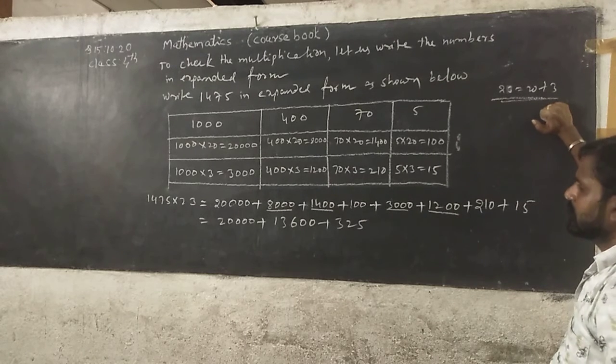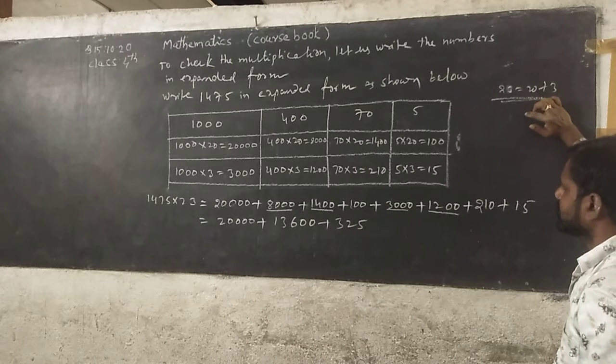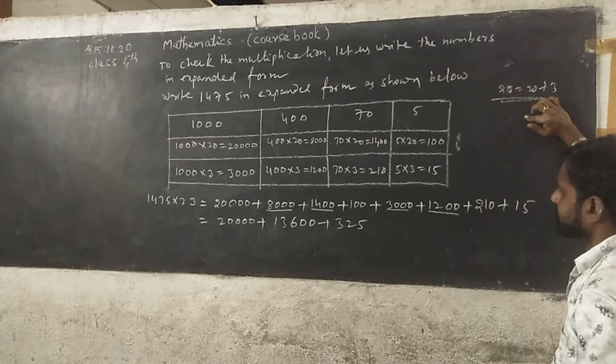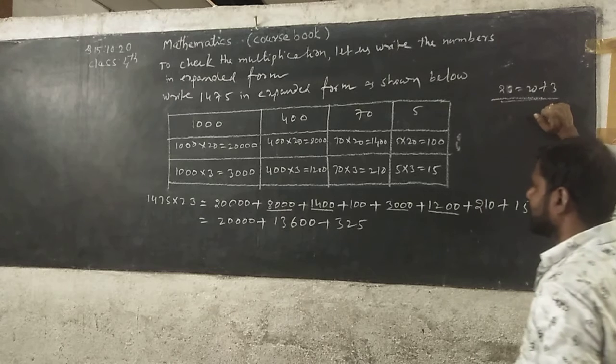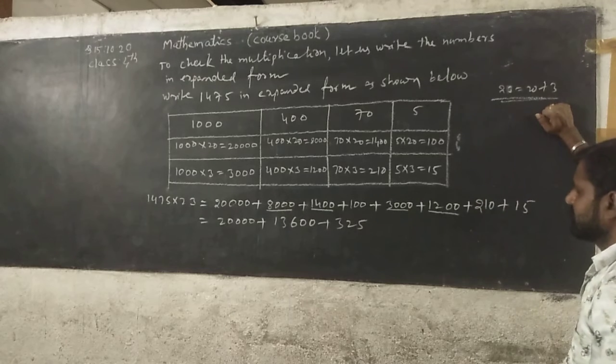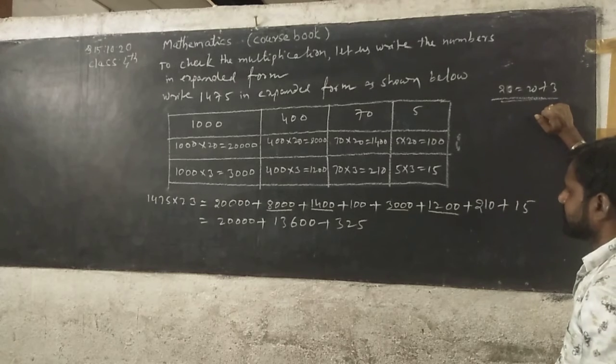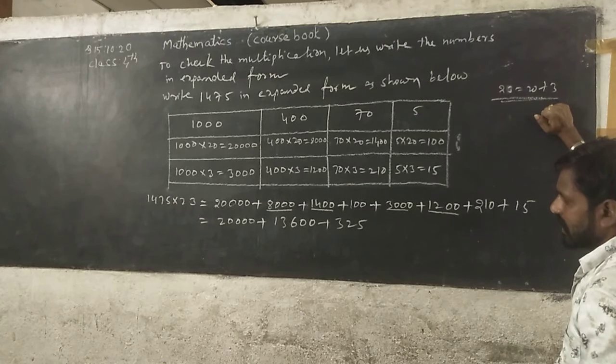So total is equal to 8,000 plus 3,000, 9,000, 9,000 plus 1,000, 10,000, 10,000 plus 1,000, 11,000.